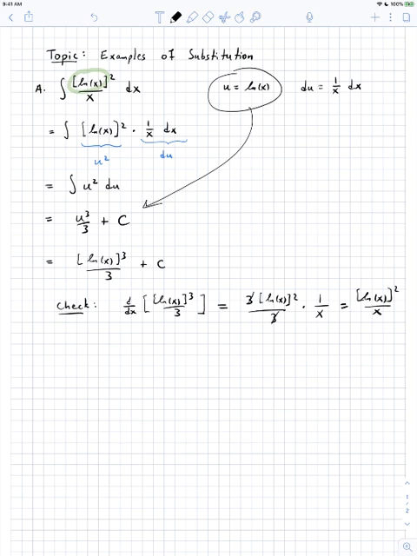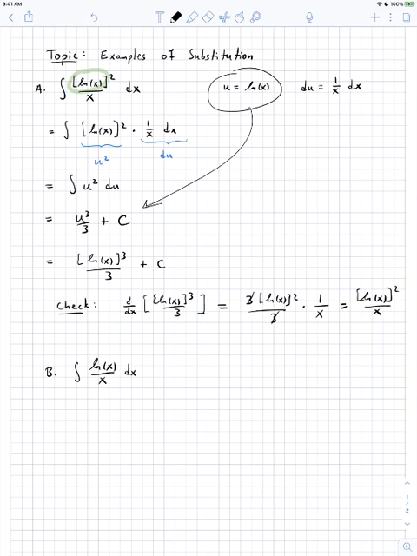Let's do a variant of this problem. The integral of ln of x over x dx. This is essentially the same problem, but it's not obvious in this case that there is a substitution to be made because we don't see any composition here.